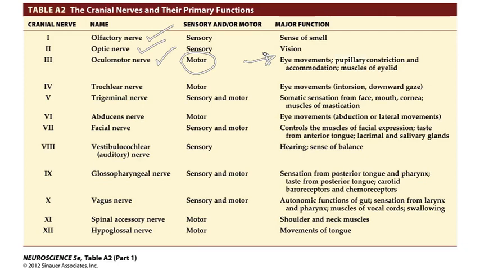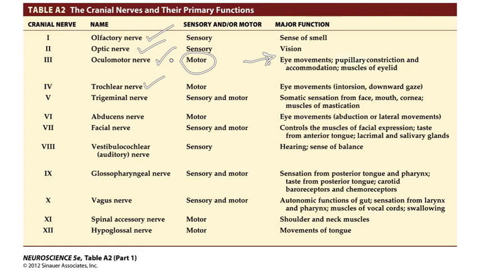Well, nerve 4 is a very small nerve, unusual in a few respects that I'll mention when we get there, but it's also a motor nerve and is involved in the control of eye movements. Now that brings us to the trigeminal nerve, nerve number 5. The trigeminal nerve is a very large nerve, very important nerve in the cranial region.